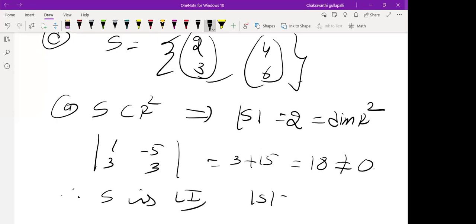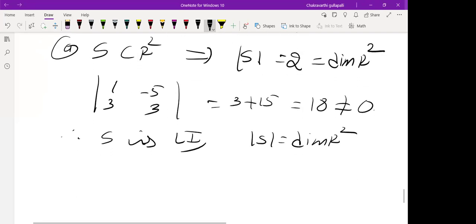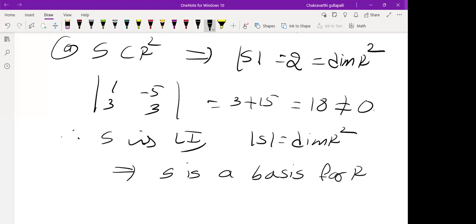And dimension, this is equal to dimension. This implies S is a basis. S is linearly independent and cardinality of S is dimension of R2. Therefore, automatically it will become a basis.